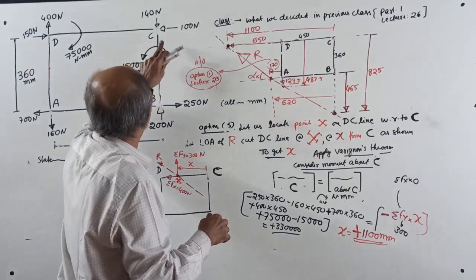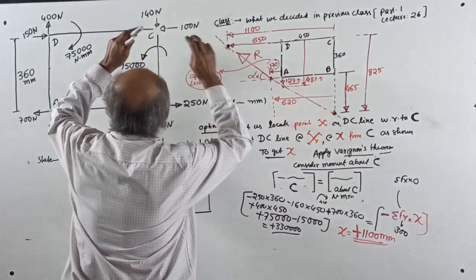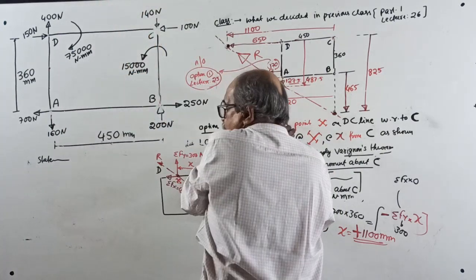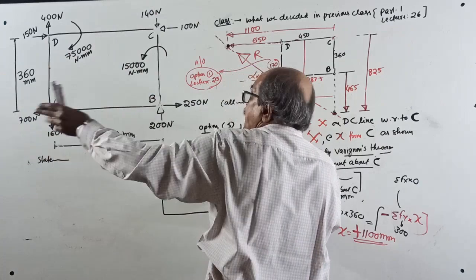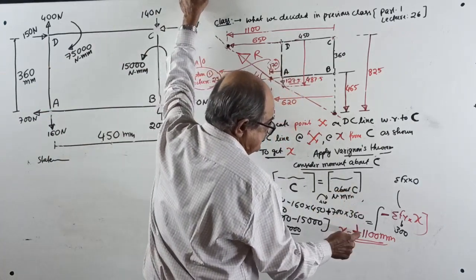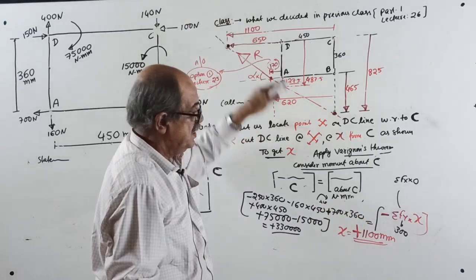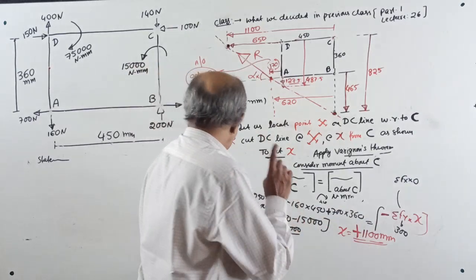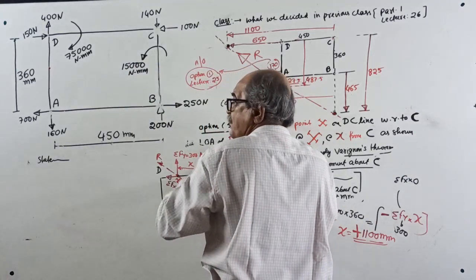Now, make a note here. We consider the point X to left of C by a distance of X. Our X came plus 1100. That positive sign indicates that what we considered to the left side is correct.